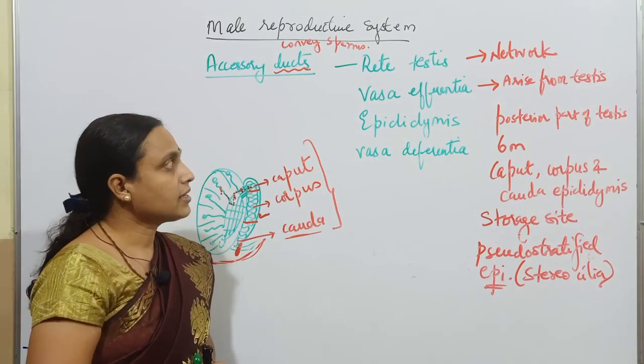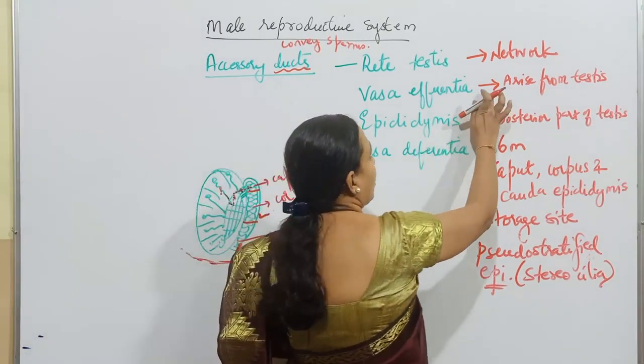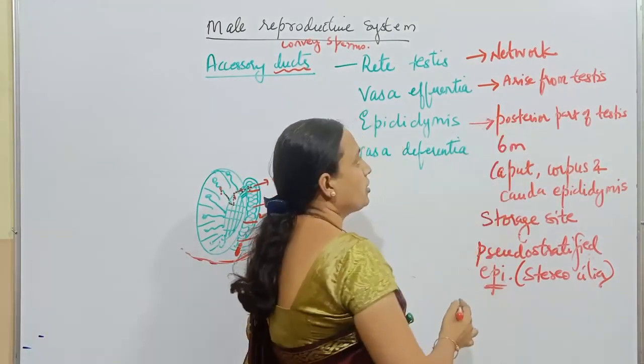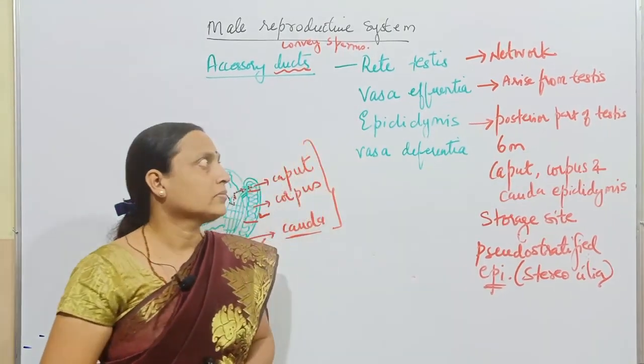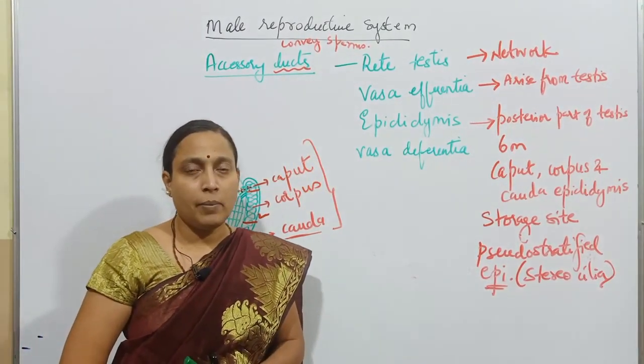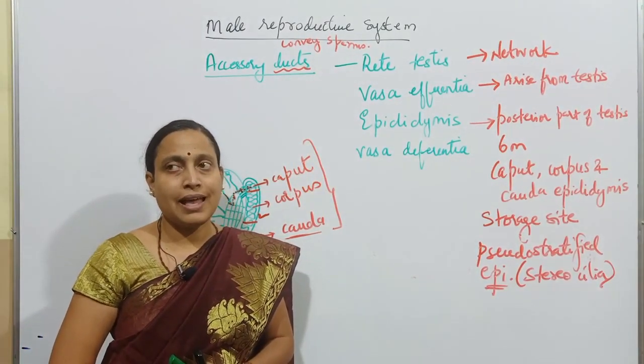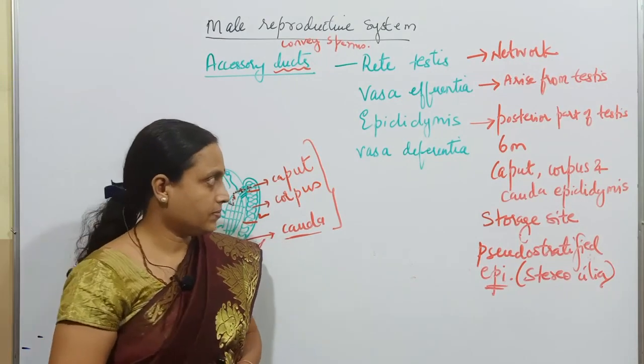So this completes the explanation about epididymis, which is one of the accessory ducts.